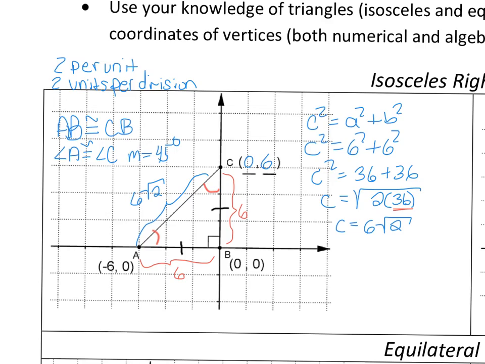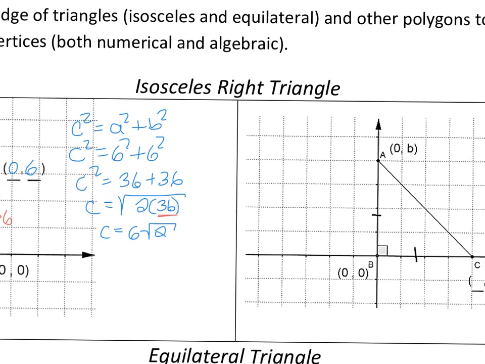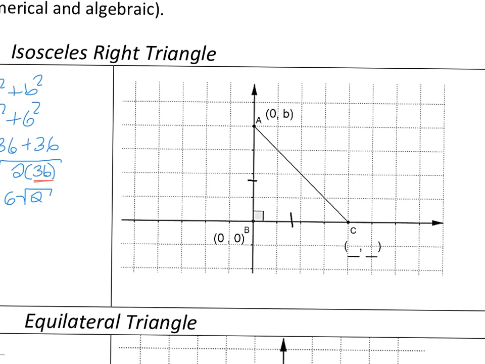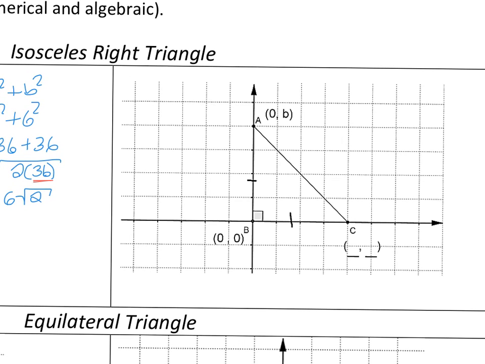All right, let's move on to an algebraic example over here to the right. In this case, our coordinates that we know are not numbers, although we do have numbers on the origin. But here we have a variable, b. So let's take a look at this example.